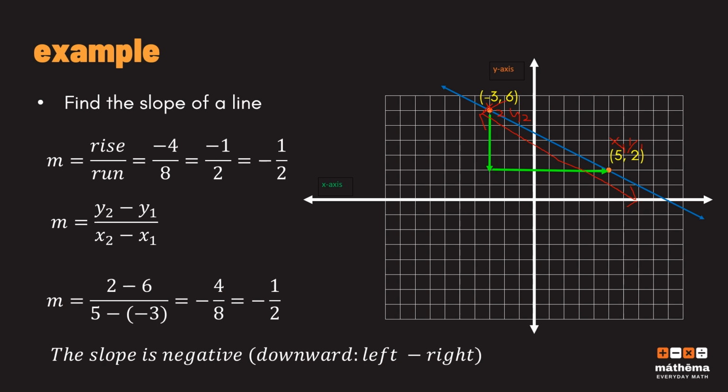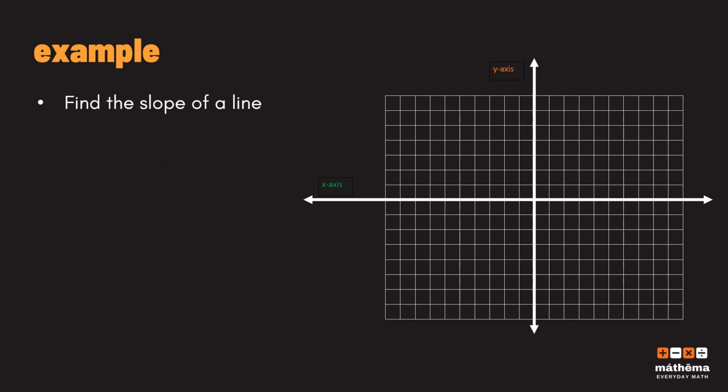Another example, find the slope of this line. We have that one and this point, negative 3 and 3, negative 3 and negative 3, and then 5 and 2. Again, you can make use of the rise over run, or you can make use of the two-point method. So this will be our solution.